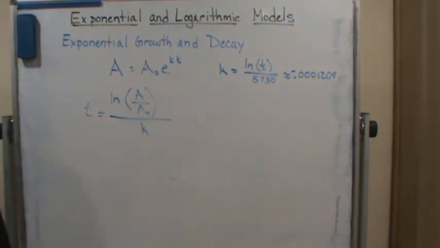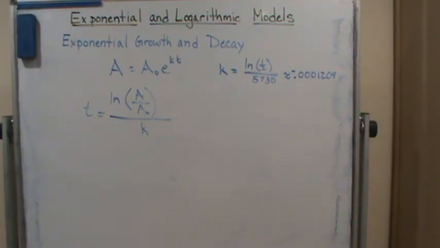So let's do that. So in this example here, it says a bone fragment is found that contains 20% of its original carbon-14.